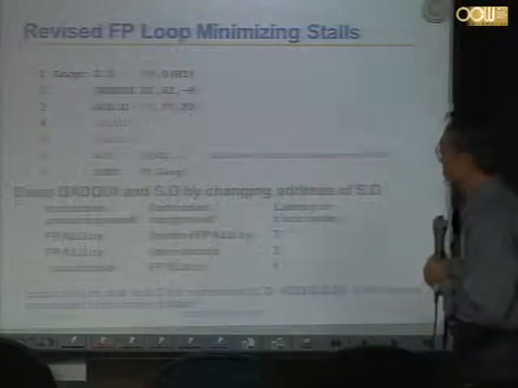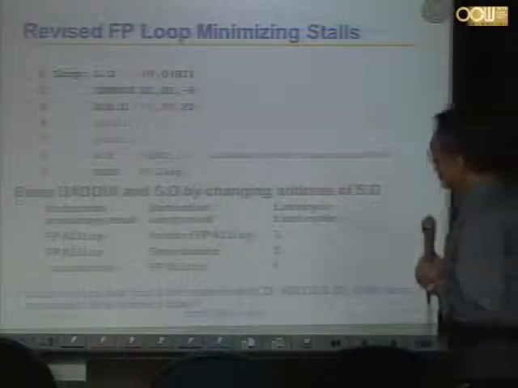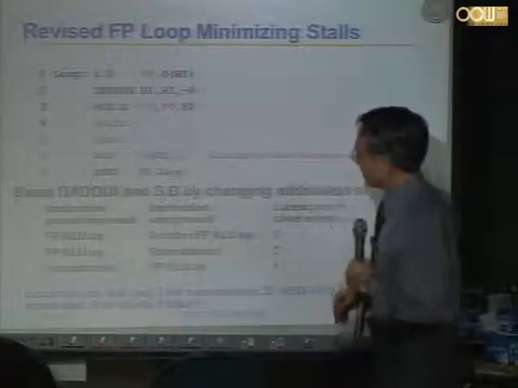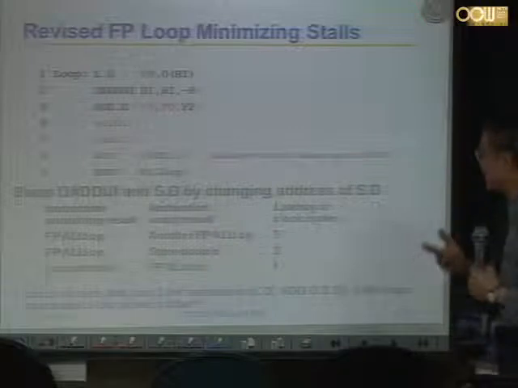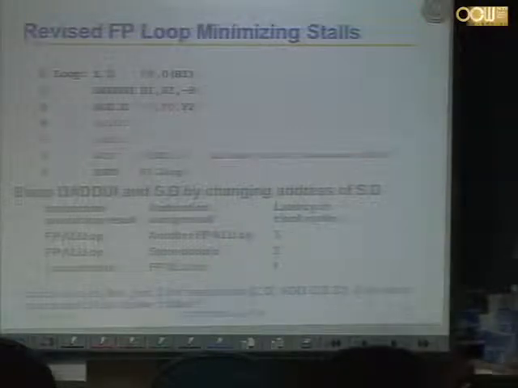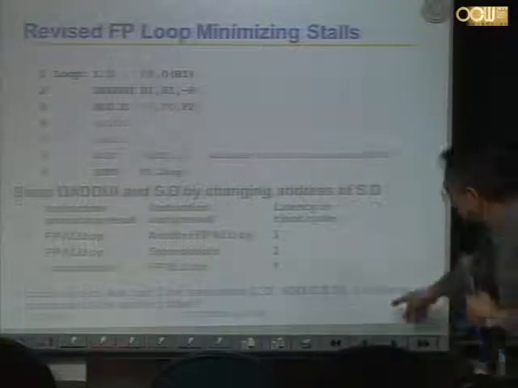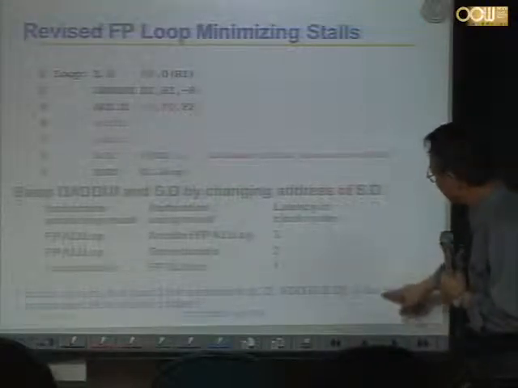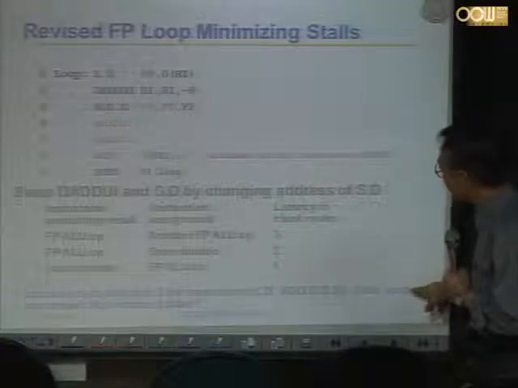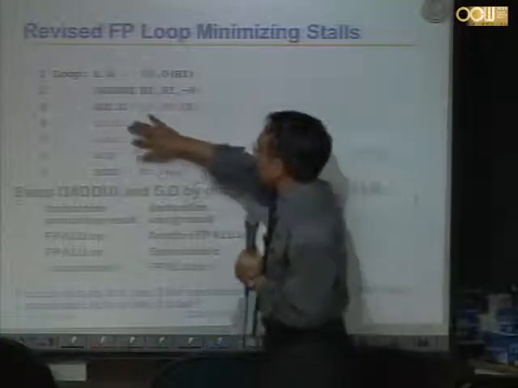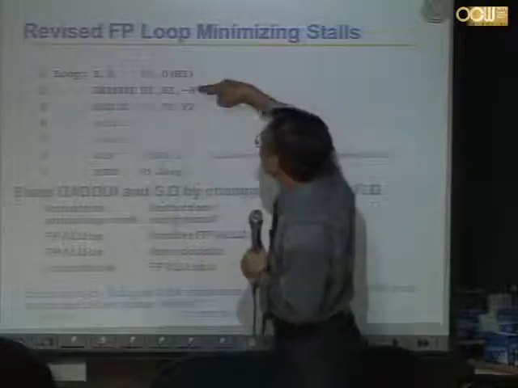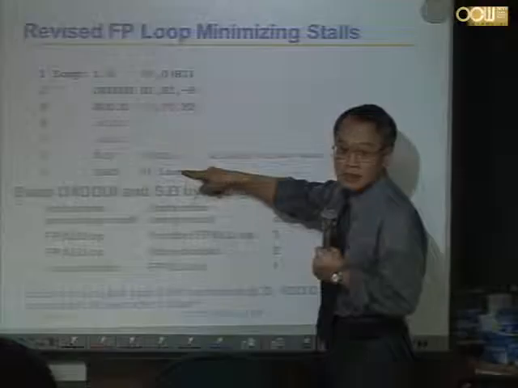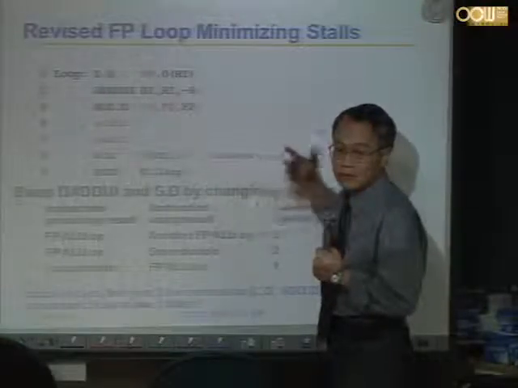Cannot eliminate them. By doing this, we have 7 clock cycles spent on 1 array element, but just 3 for execution, and the other 4 are for loop overhead, including stalls, and including loop control overhead, 2 and 7. These 2 are simply for loop control.